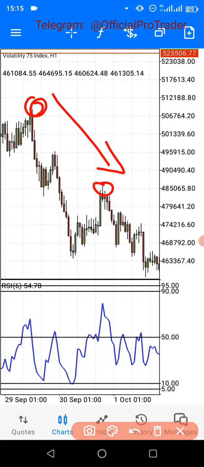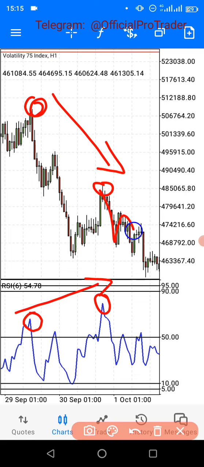The indicator on the other hand, our RSI, we had a high here. Instead of a lower high, we had a higher high, so it's pointing to the upside. Are you seeing it? After that, what then happened? Price continued to the downside. Are you seeing it? So this is a prime example of a hidden bearish divergence. The last one I showed you was a hidden bullish divergence.